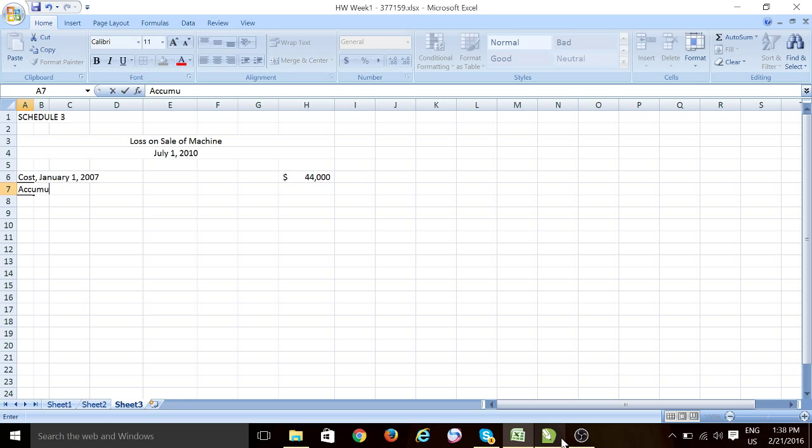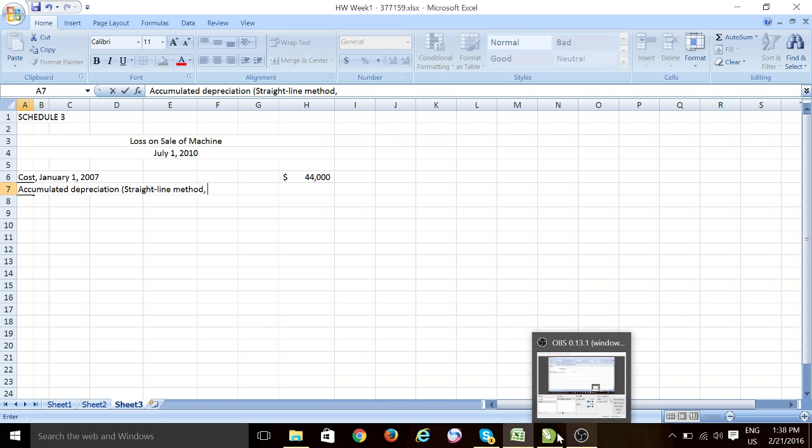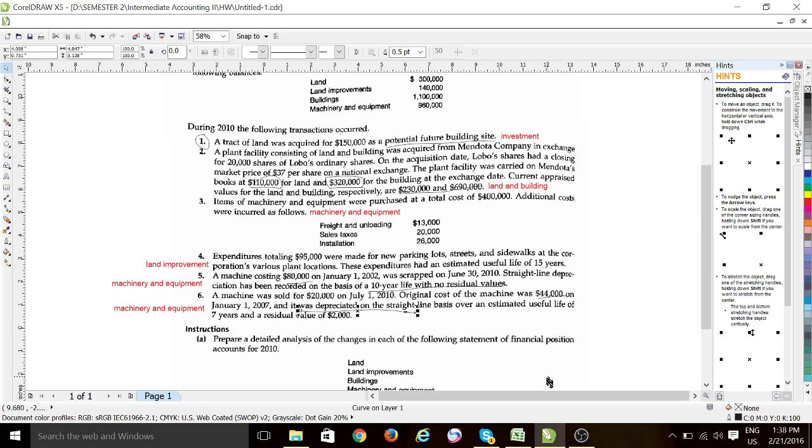So accumulated depreciation, note down the method, straight line method. And then different from the previous transactions is that this has a residual value of 2,000.